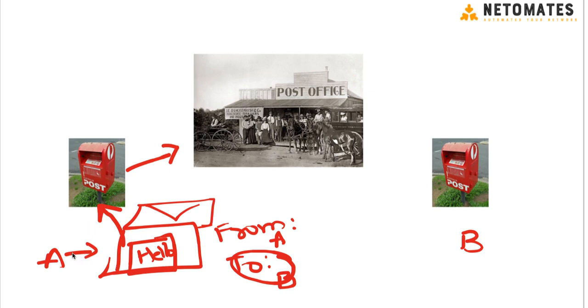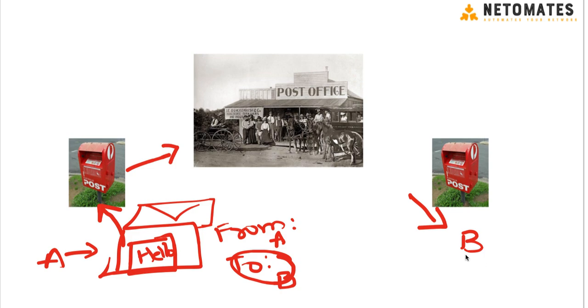This way whatever information the person has written in that letter can reach person B through the post offices. Once person B receives the letter, he will open it and read that information.